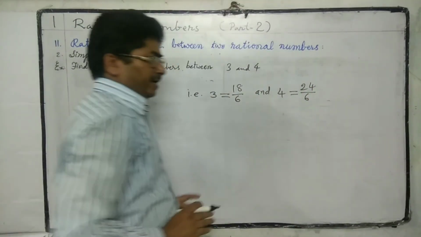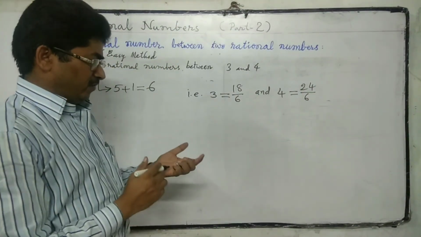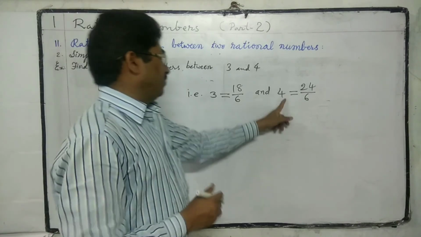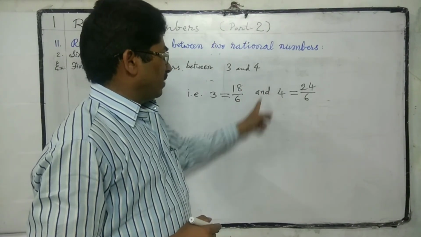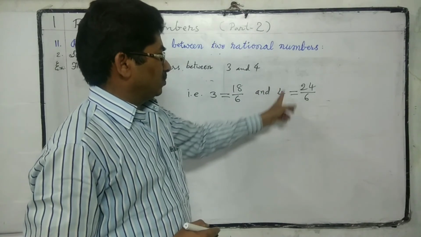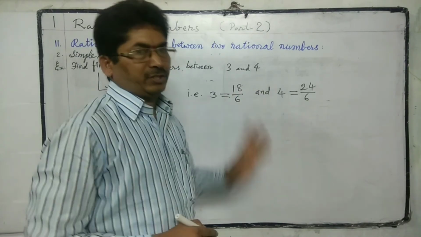So now we can identify the rational numbers between 3 and 4: 19 by 6, 20 by 6, 21 by 6, 22 by 6, 23 by 6.